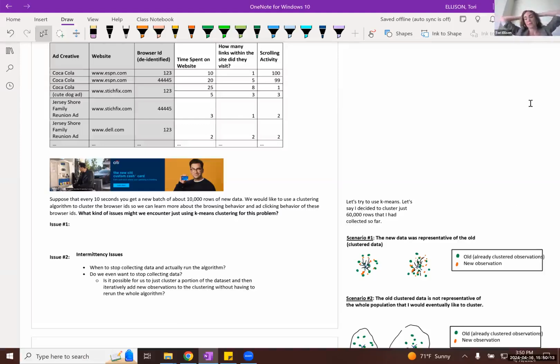But let me ask you this: what if I gave you a CSV file with like 10 billion rows and you tried to cluster it with k-means in your Jupyter notebook? Let me ask a poll. Who thinks that you'd be able to do this successfully?